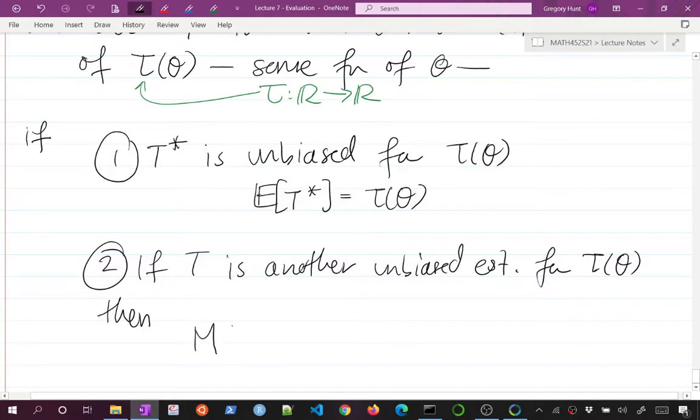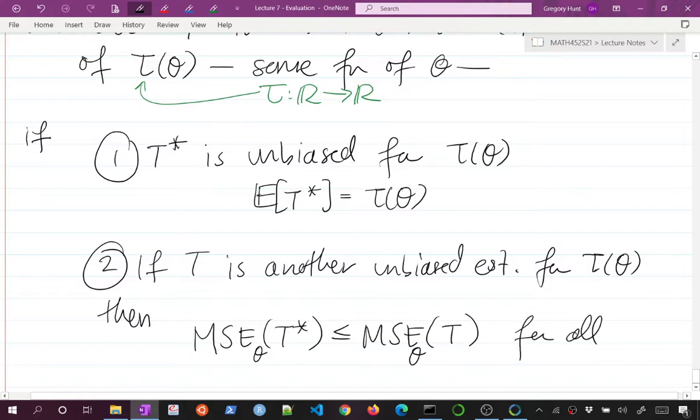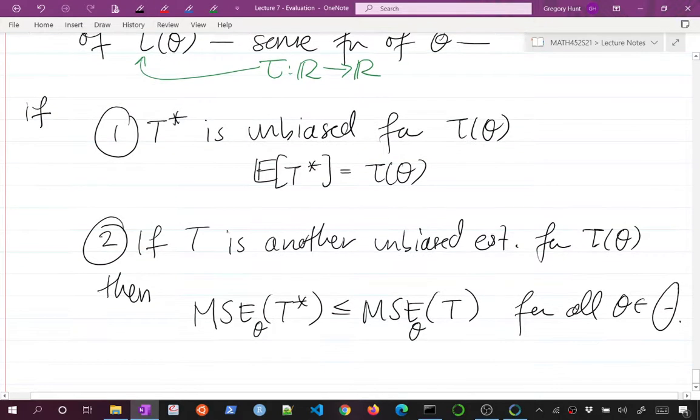The MSE of T star is less than or equal to the MSE of T. Both those depend on theta, and this is going to be true for all possible values of theta. So it's unbiased, and it is best. It has a lower MSE than any other unbiased estimator for that quantity. And it's lower for every possible value of theta.